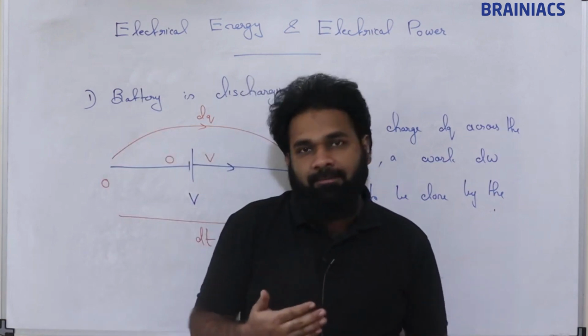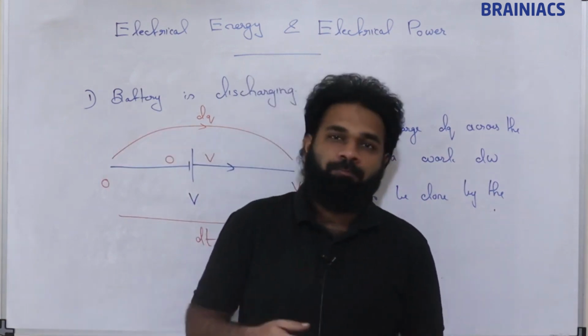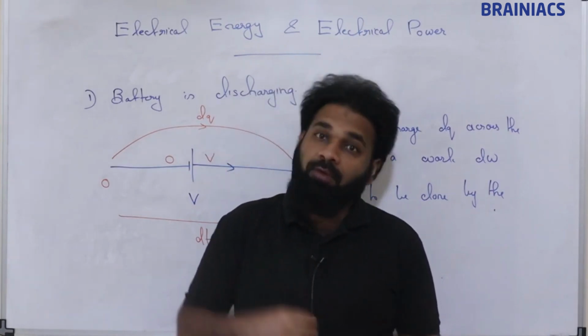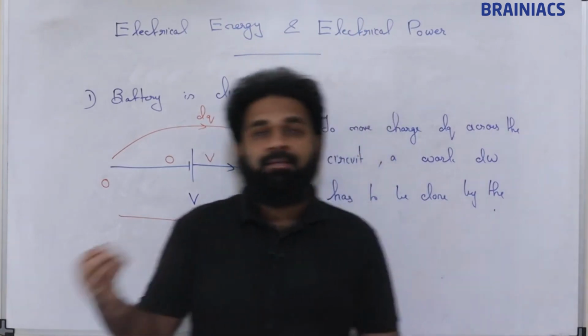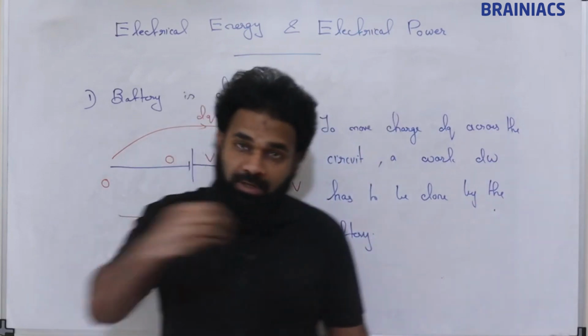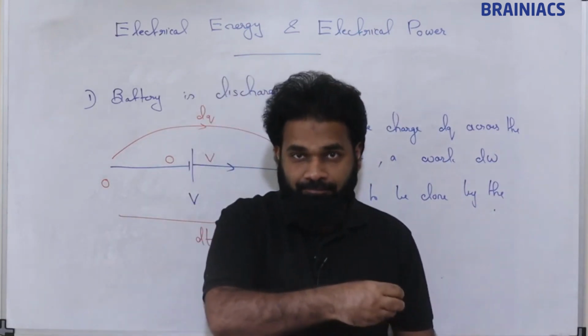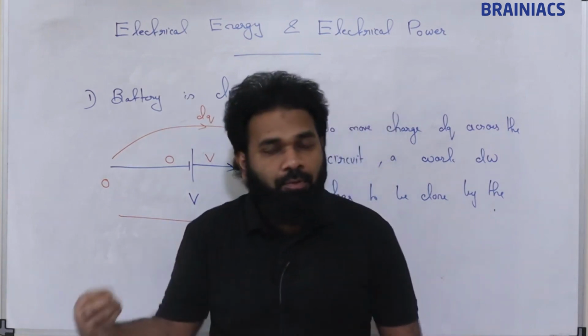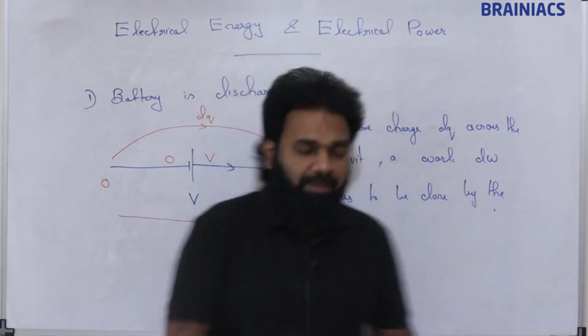So work done per unit charge is nothing but final potential minus initial potential, or the potential at the final point minus the potential at the initial point. We have studied this.